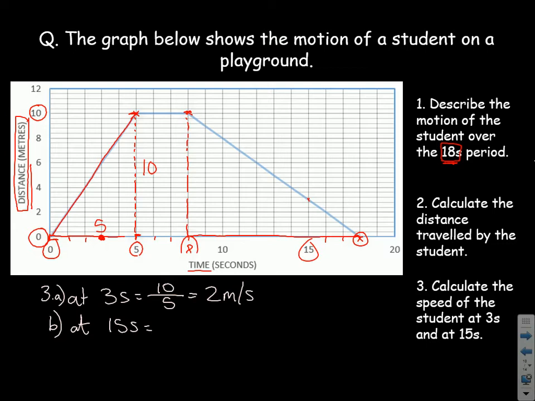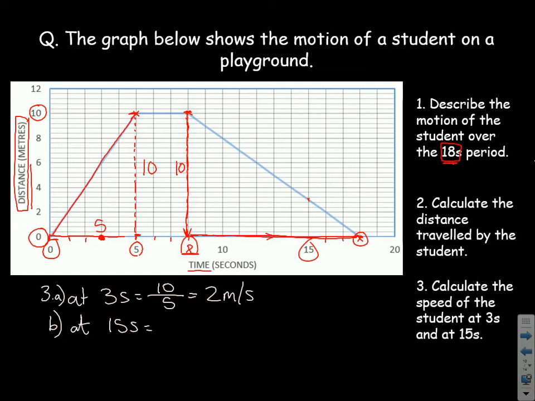Okay, so what is our rise and what is our run? So the line goes up 10. So it's going from, in fact it's not really rise, it's fall. So it goes from 10 all the way down to here, which is 0. So it has dropped by 10. And the time period for that is, well, it started at 8 seconds. Don't forget, it didn't start at 0.